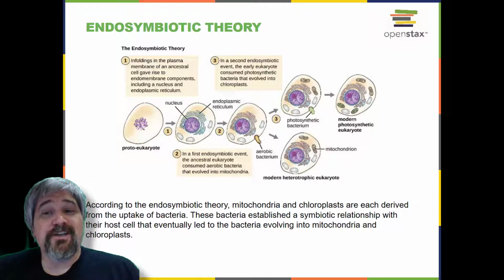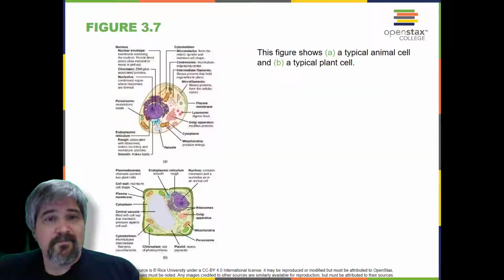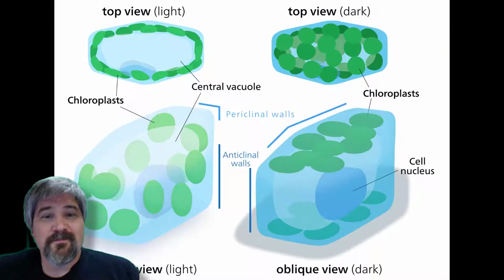Through evolution, these ingested bacteria became more specialized in their functions, with the aerobic bacteria becoming mitochondria and these photosynthetic bacteria becoming chloroplasts.